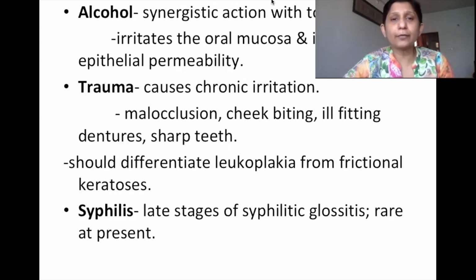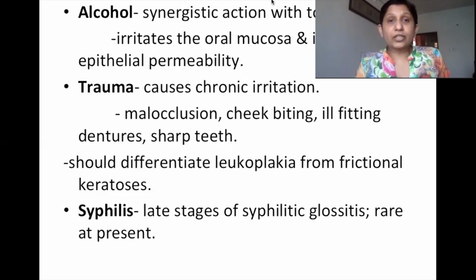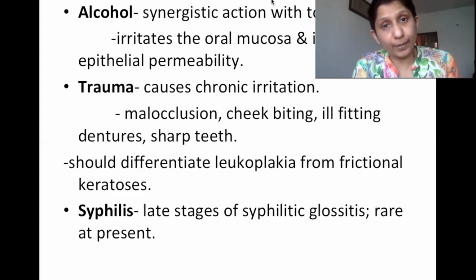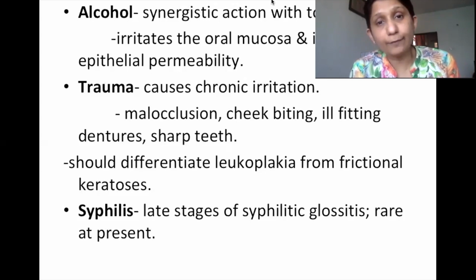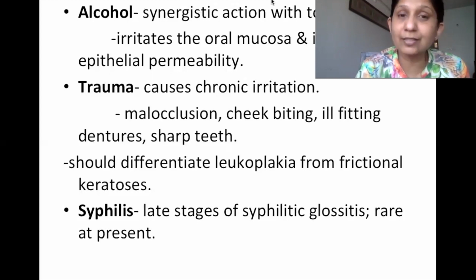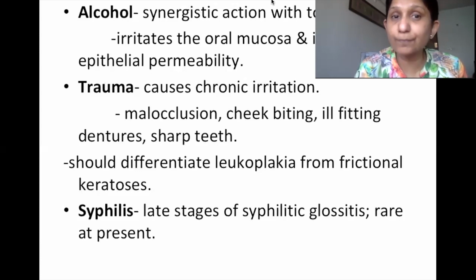Now this should be differentiated from frictional keratosis. The only difference between frictional keratosis and leukoplakia is that leukoplakia will mostly have dysplastic cells on a cellular level, and frictional keratosis will only have hyperkeratosis. That is, it's due to friction, so there will only be an increase in thickness of the superficial layer of the epithelium, that is your stratum corneum.